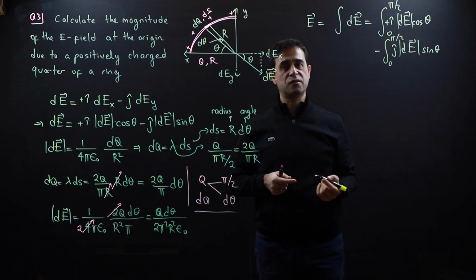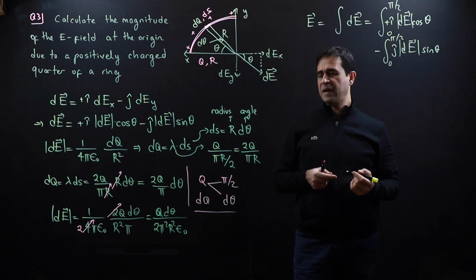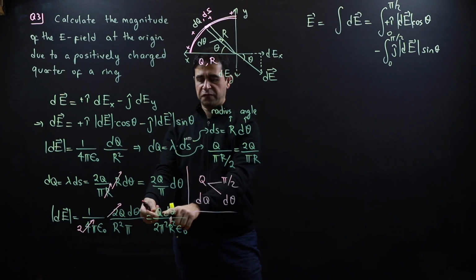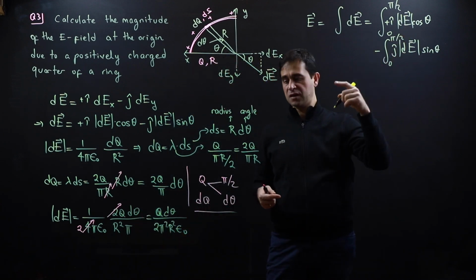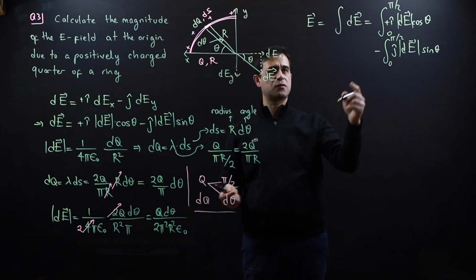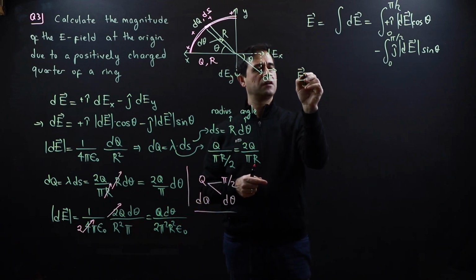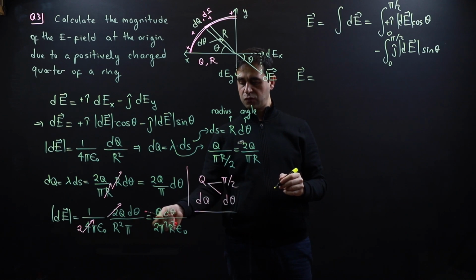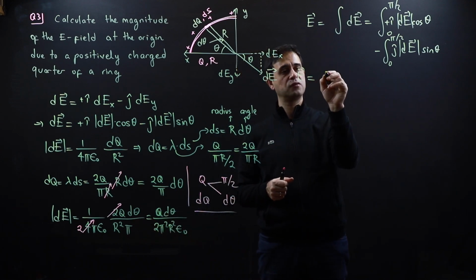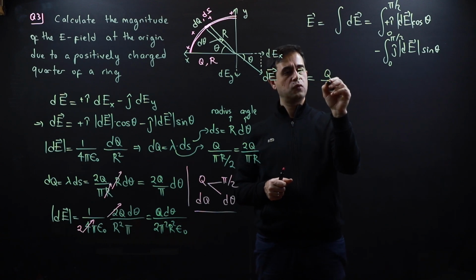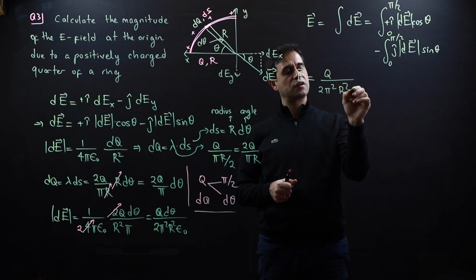Now I see that both of them have this factor of q over 2 pi squared r squared epsilon 0 inside dE, and there's only d theta here. So the common factor is going to go out of the integral: q divided by 2 pi squared times r squared epsilon 0.